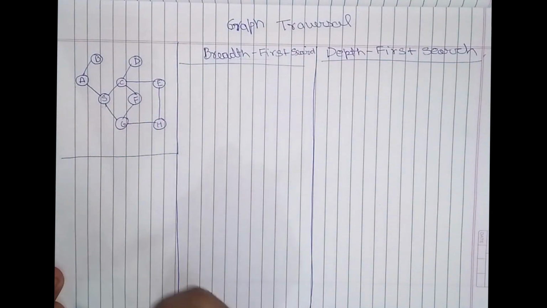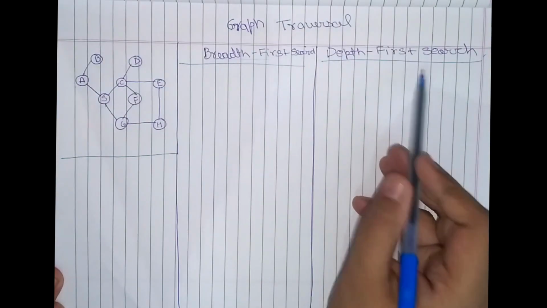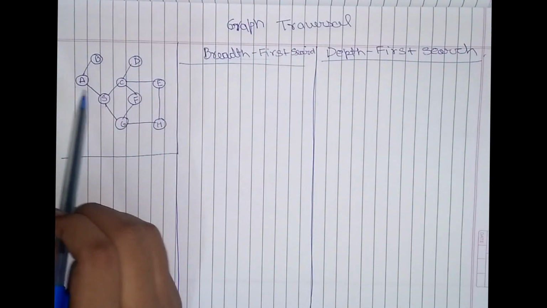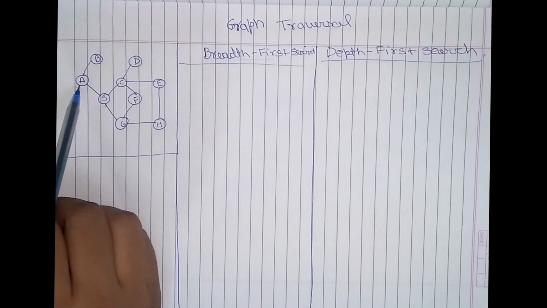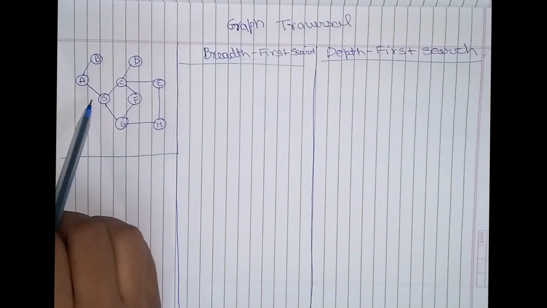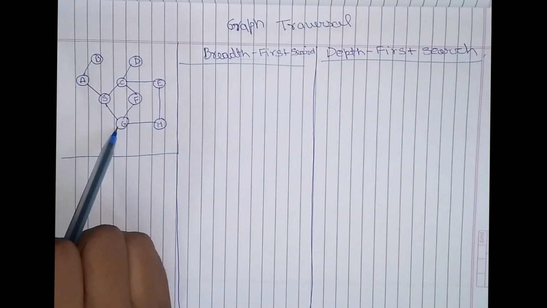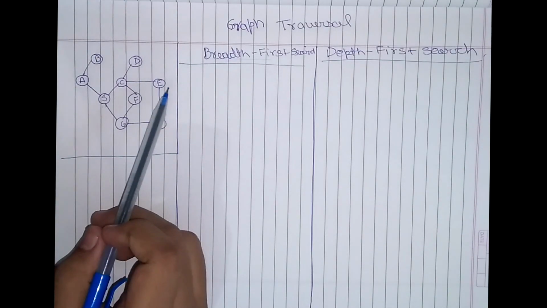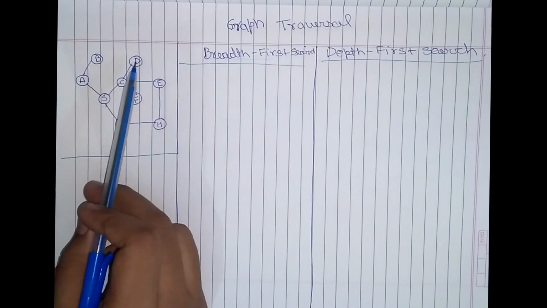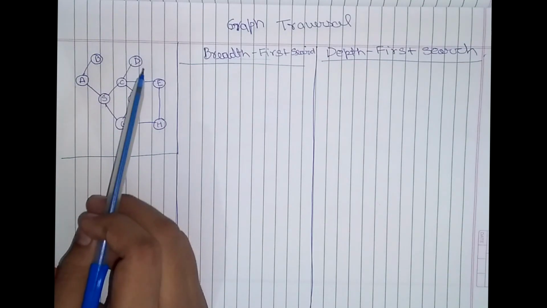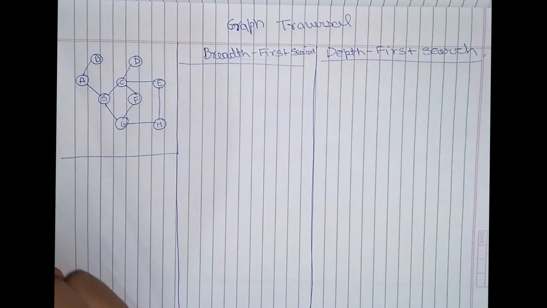This is how breadth first search works. And with depth first search, it will straight away go into the depth. So it will start from A and go into the depth of A, like A to S and then S to G and then G to H, then H to E, and H to C and then H to D. Until it finds an ending, it will keep on going.